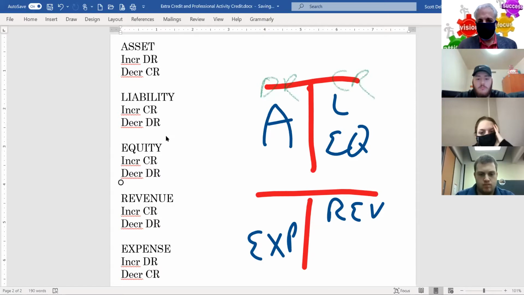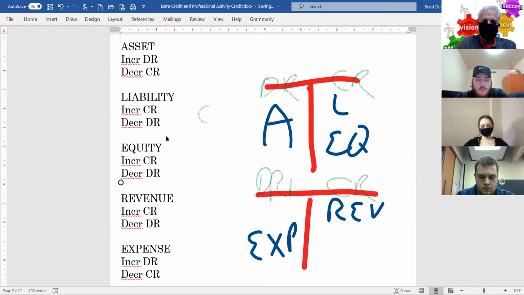That's all we get out of this, left and right. The whole point is that assets and expenses are normally a debit balance. Liabilities, equity, and revenue are normally credit balances.